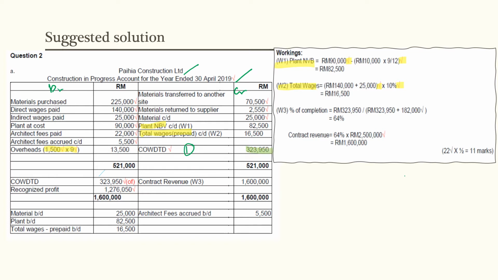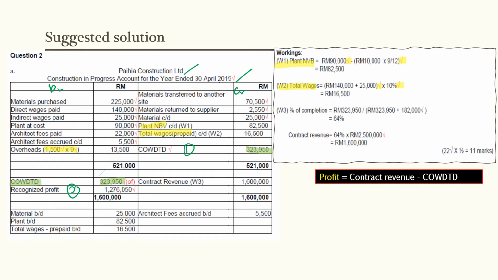Next, you bring down the cost of work done to date, and we can find another item, that is the recognized profit. So, how do we identify the recognized profit? Recall the formula of recognized profit.